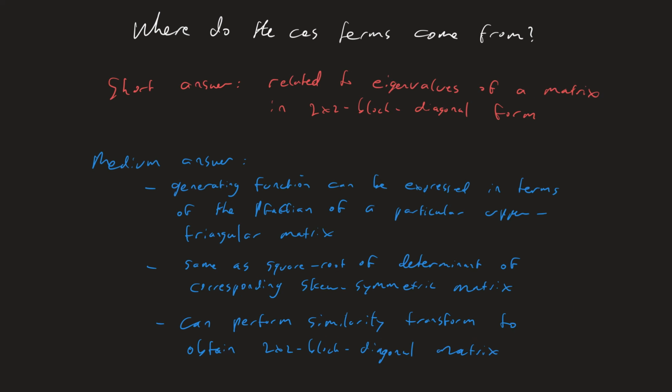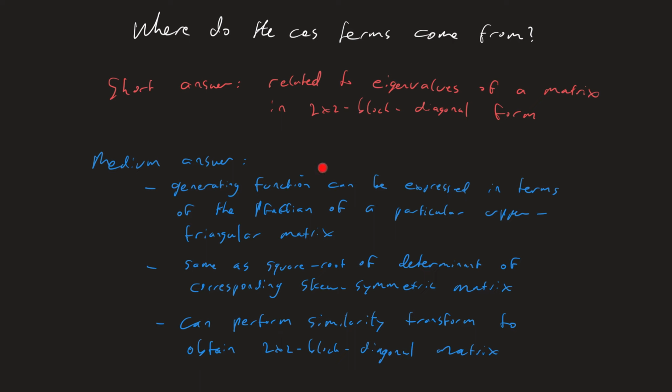In the previous formula, it might be extremely surprising to see cos terms. How can trigonometric functions appear in a tiling problem? The short answer is that the cos terms come from eigenvalues of a large matrix in 2x2 block diagonal form. A slightly longer answer is that first we compute what's known as a generating function.